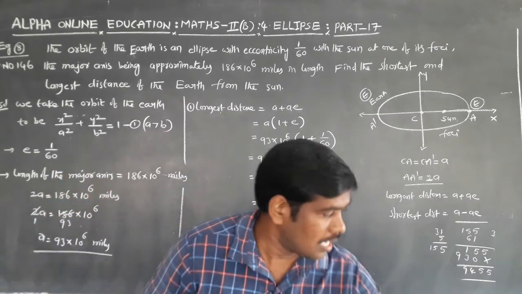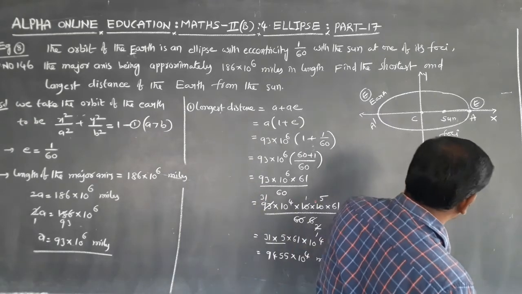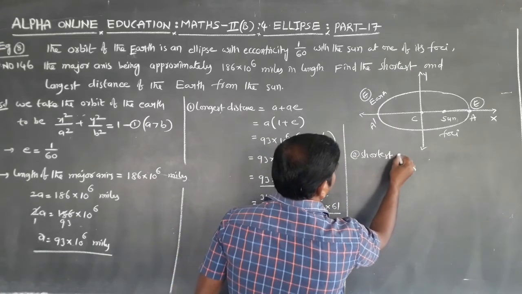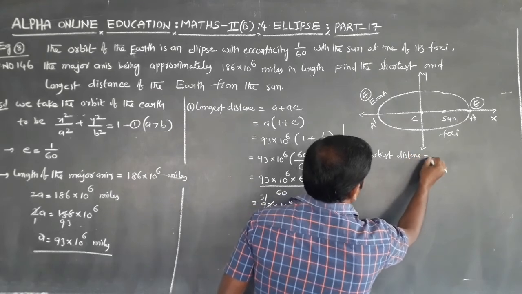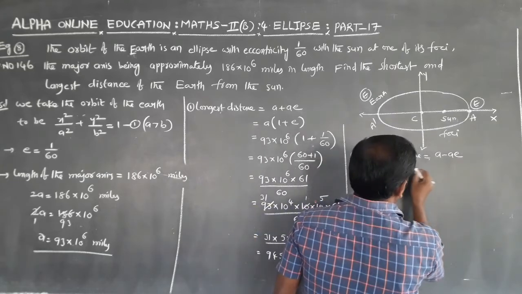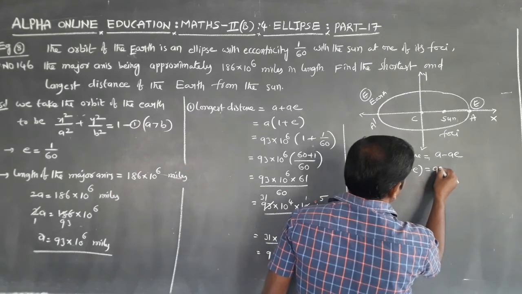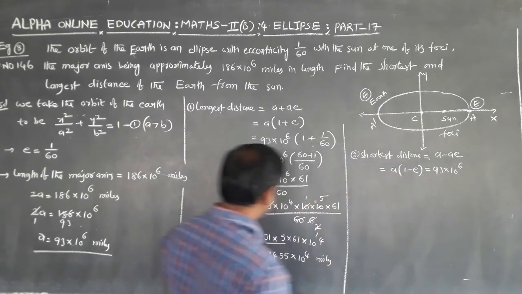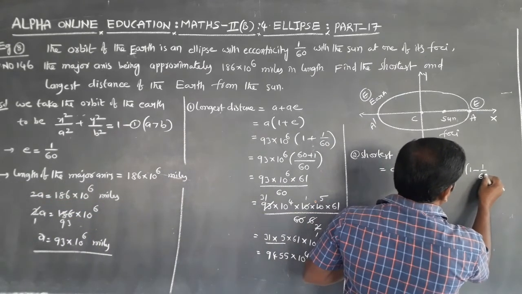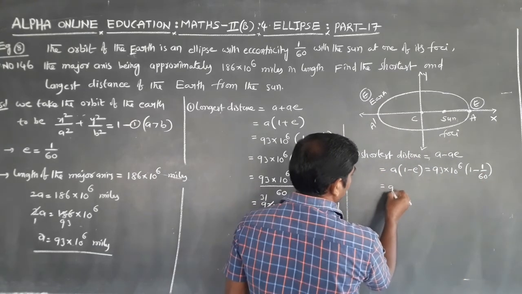Second one is the shortest distance. Shortest distance is a minus ae. Taking a common, a into 1 minus e. a is equal to 93 into 10 to the power of 6 into 1 minus e, where e is equal to 1 by 60.